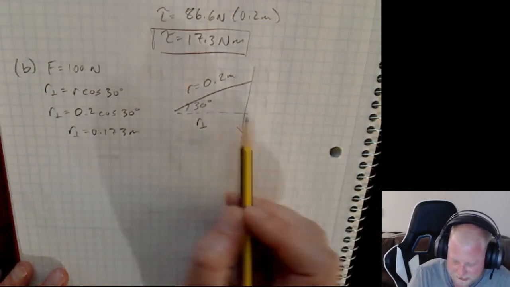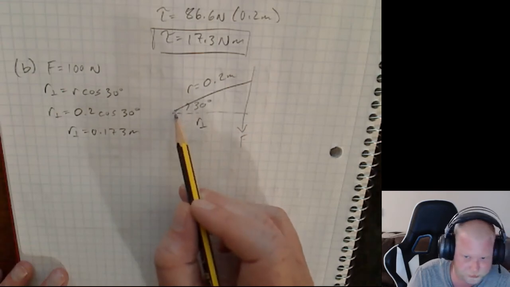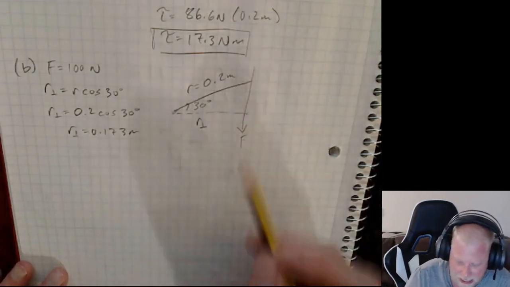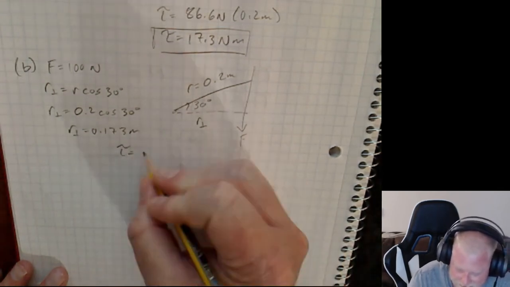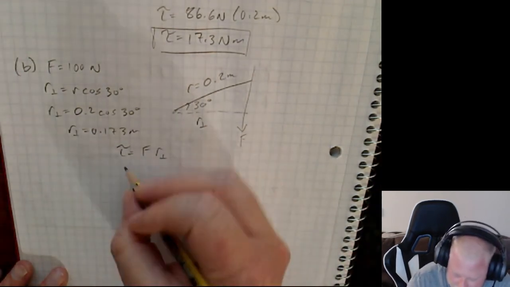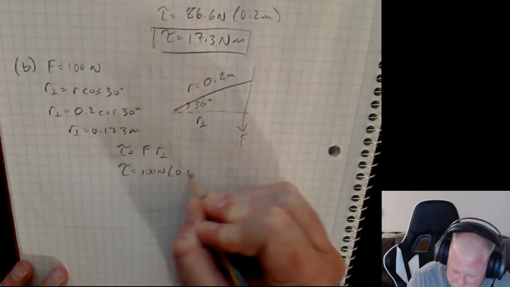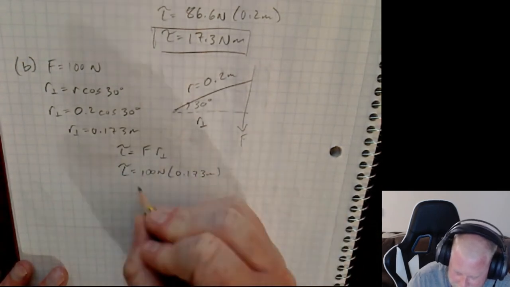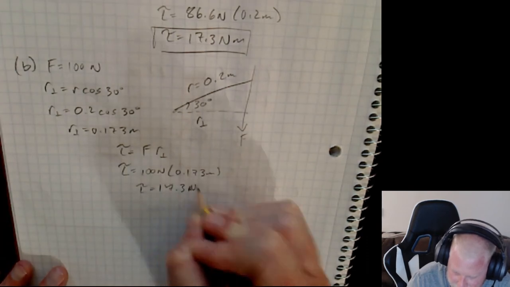So there's 0.173 meters between the pivot, the nut that the wrench is working on, and that line of action. To find the torque, it's the force times that moment arm. So torque would be 100 newtons times 0.173 meters, and your torque comes out to 17.3 newton meters.